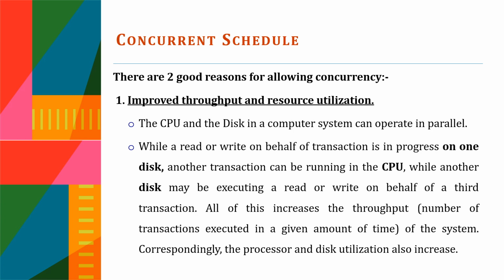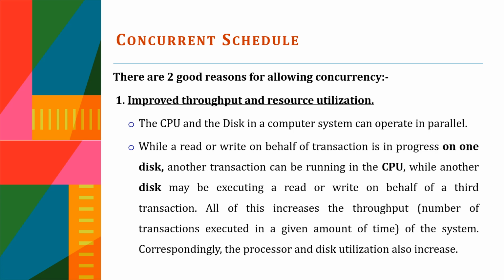There are two good reasons for allowing concurrency. The first one is improved throughput and resource utilization. That is, the CPU and the disk in the computer system can operate in parallel. We can have a read or write operation on one disk, another transaction running in the CPU, while another disk may be executing another set of reads or writes on behalf of a third transaction.